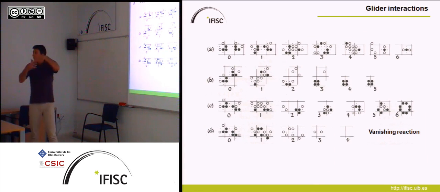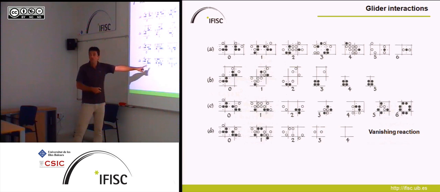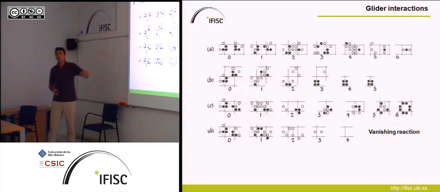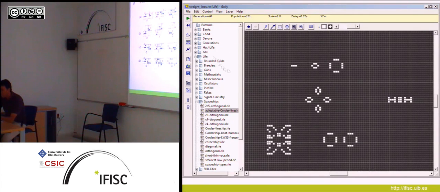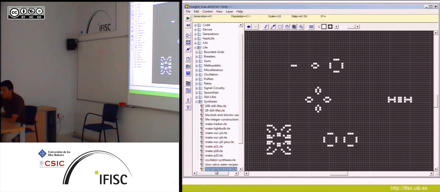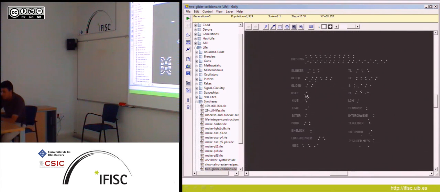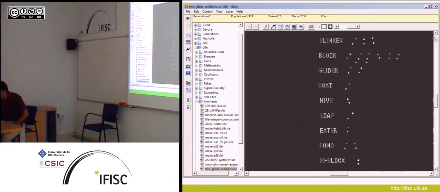Gliders can collide in many different ways, depending on the angles they collide on. There are many outputs. Here they become a blinker. Here they become a block, something else. The very interesting reactions are the vanishing reactions, where they collide and lead to nothing. I can show you also a movie of some interactions. This is a whole catalog of interactions, the two glider collisions, with all these possible angles.